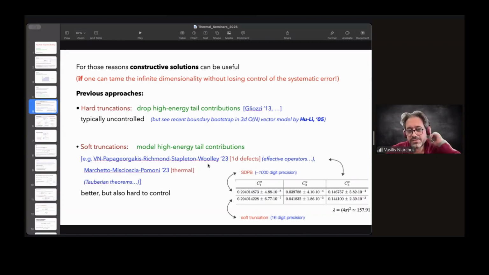I should emphasize that in this paper in 2023, when we did this soft truncation approach, where you can see here 3 results for 3 OPE squared coefficients on the Wilson line defect, we could produce rather cheaply results of the same accuracy as SDPB, and the approach was much cheaper because we didn't need to work with hundreds of digits of precision, but only 16-digit precision.